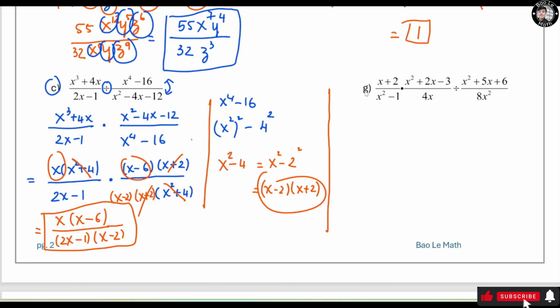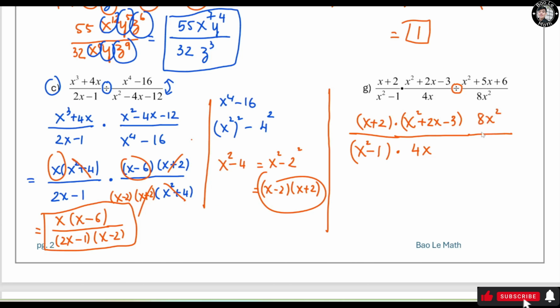Now question G. We're gonna rewrite, and this guy right here, you need to turn this one into multiplication, right? And take the reciprocal of this one. So it could be 8s squared on the top, and the bottom should be s squared plus 5s plus 6, right? Now we're gonna factor the numerator, rewrite s plus 2, right?